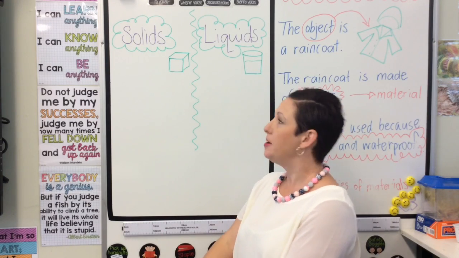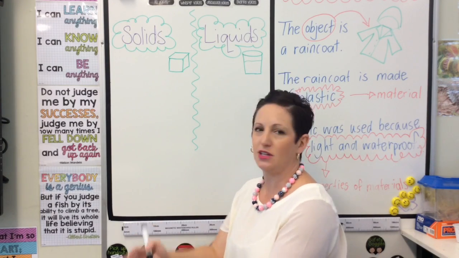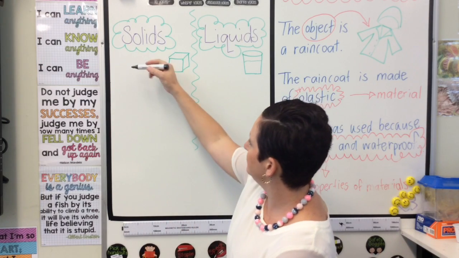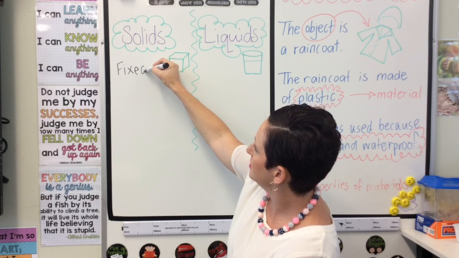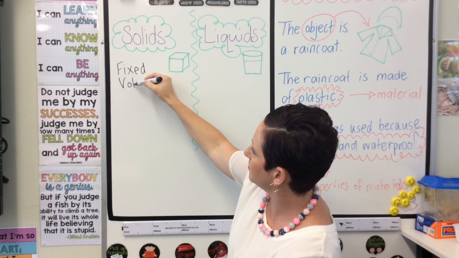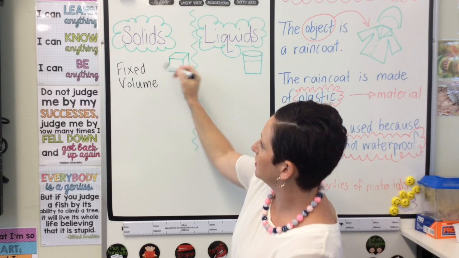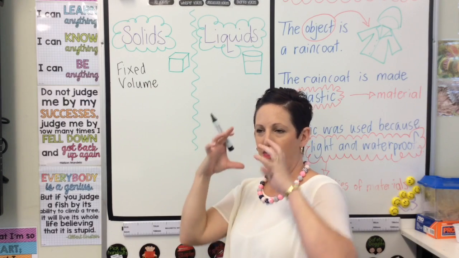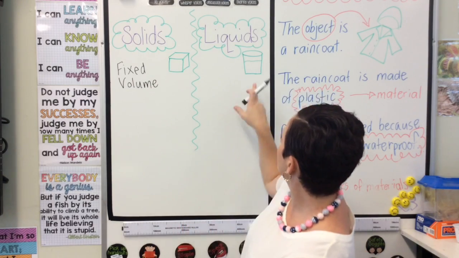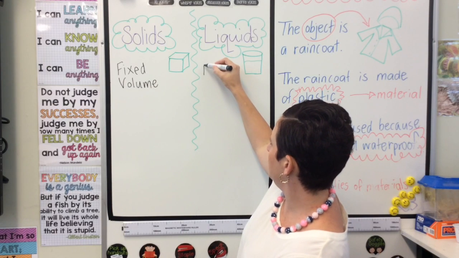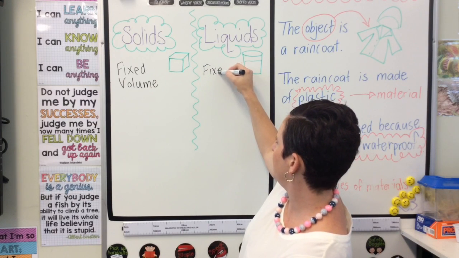Okay, now a solid item has a fixed volume. That means that the size, the volume of it does not change. Liquids also have a fixed volume.